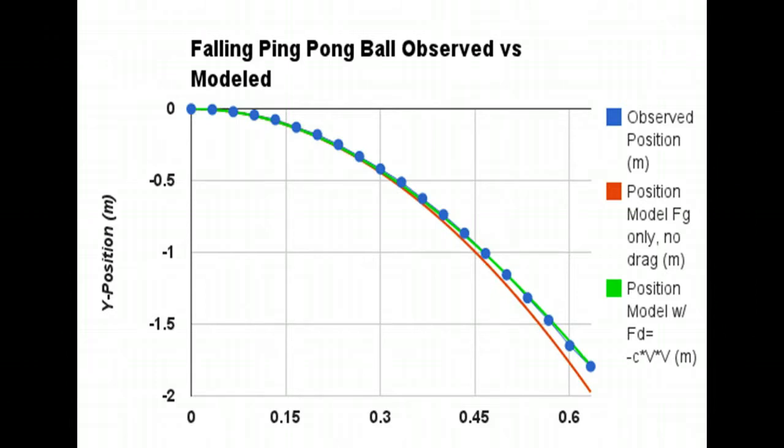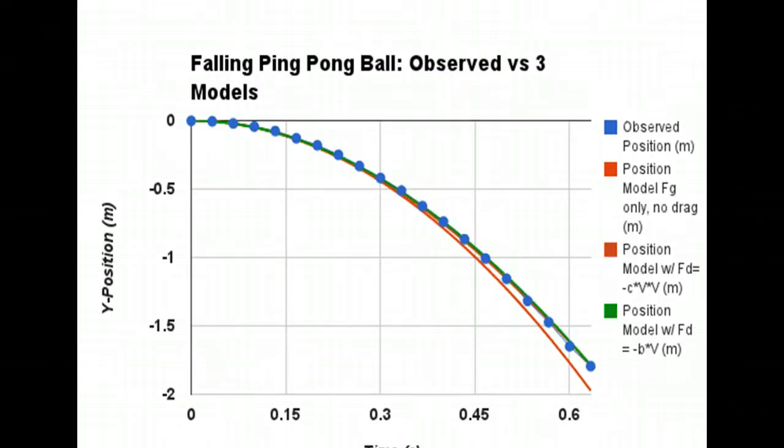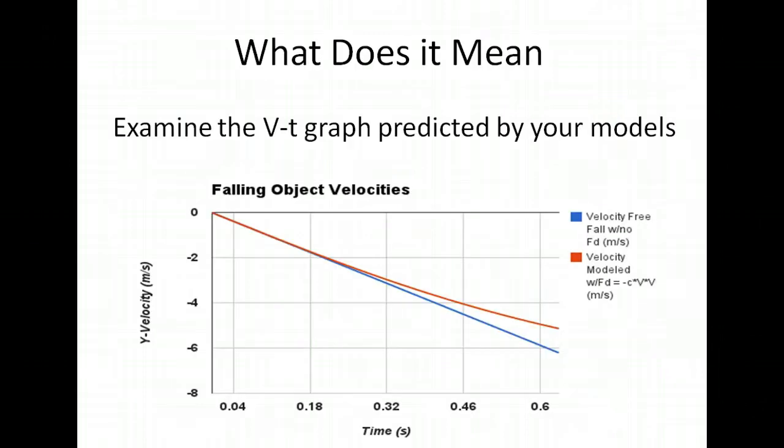It looks like error because the ball becomes quite blurred. Here you have all three models, and it looks like the two models of drag, proportional to v and proportional to v squared, overlap the observed data in the same way, giving a good match.